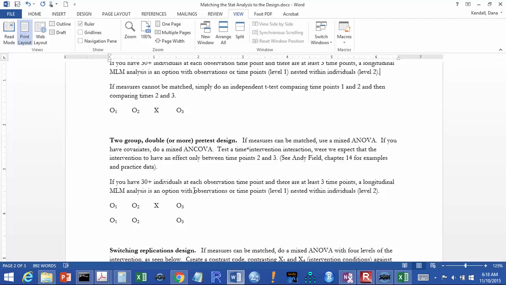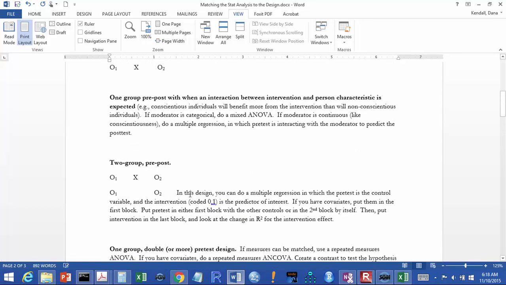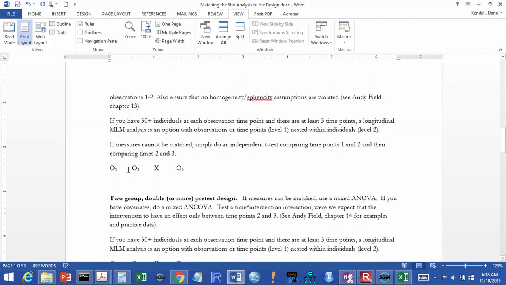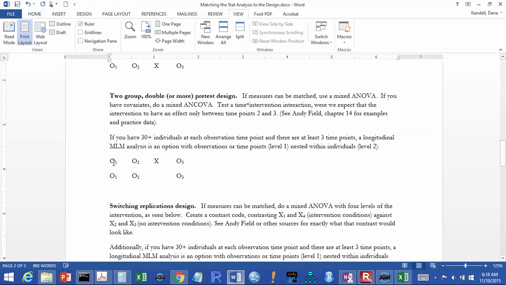All right, now we have a 2-group double pretest, and this gives us a little bit more information than this design up here, where we just had one baseline observation. And so here this gives us a chance to compare this interval with this interval across the groups, and then compare this interval with this one as well.